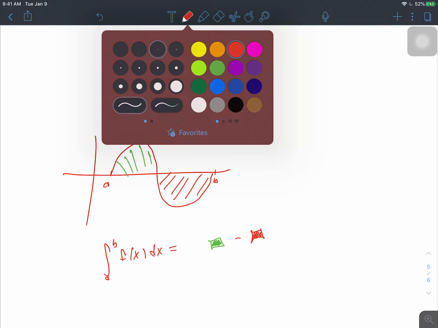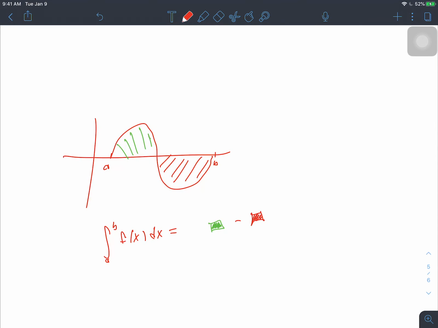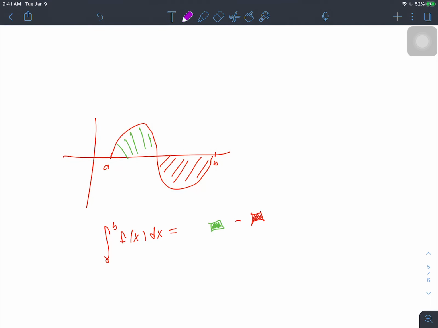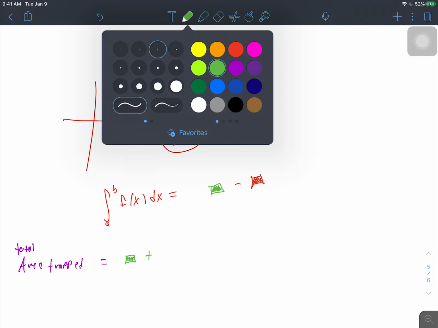So if we want to find the area that's trapped between this function and the x-axis, the total area, then what we'll need to do is call this point C. We'll need to take that point C, and we'll say that the total area trapped is going to be equal to the green area plus the red area.